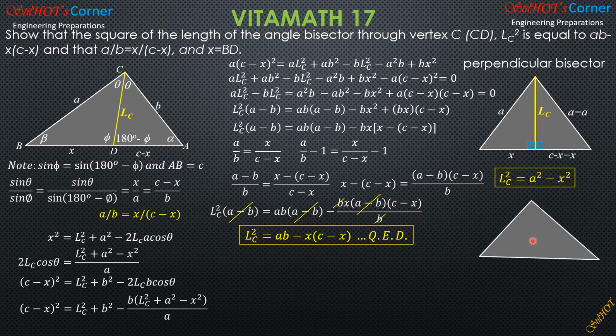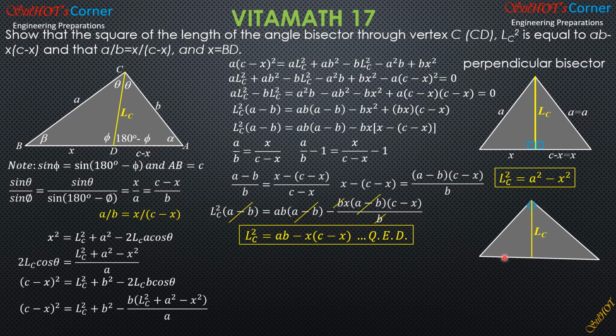to the 90-degree vertex, the altitude to the 90 degrees vertex, this is the right triangle and it is 90 degrees there. And let us say this is not the perpendicular bisector anymore, but we call this the altitude supposedly, but I'll just denote that by L sub C. But this is no longer applicable because the angle is not bisected.